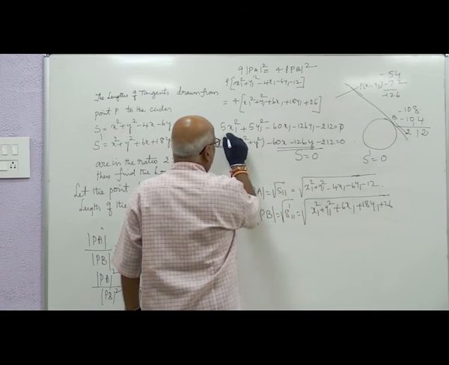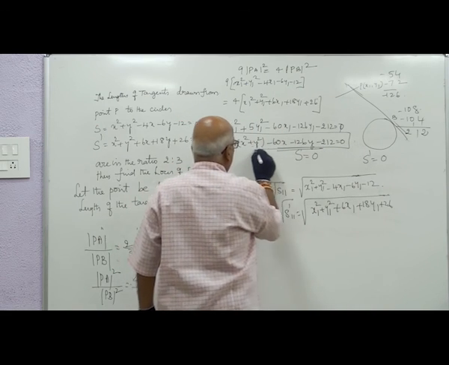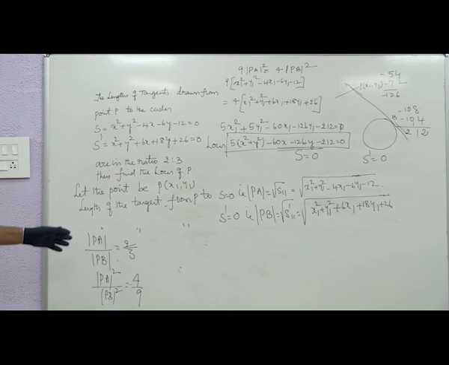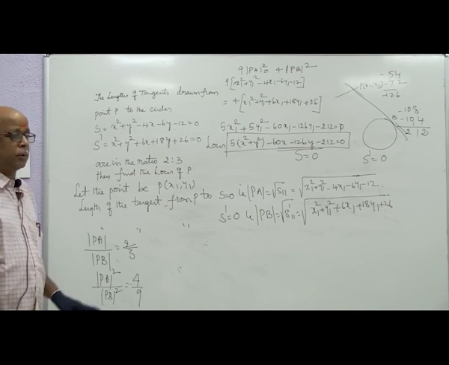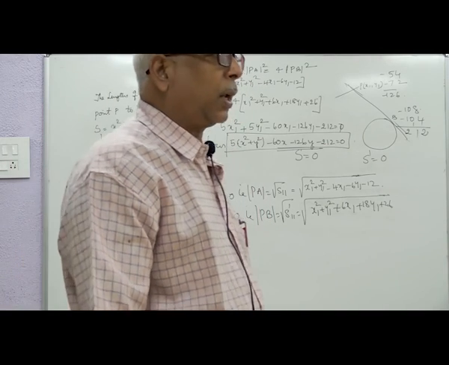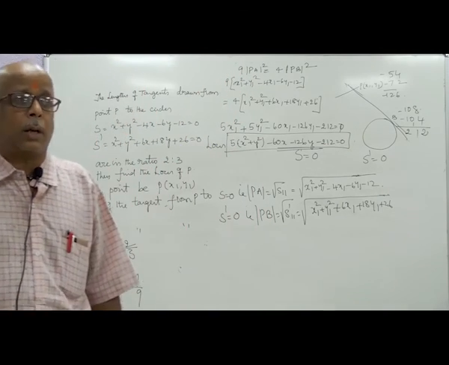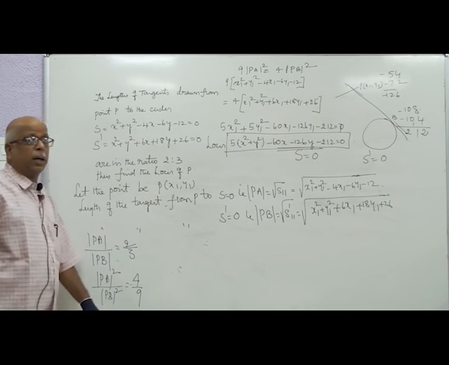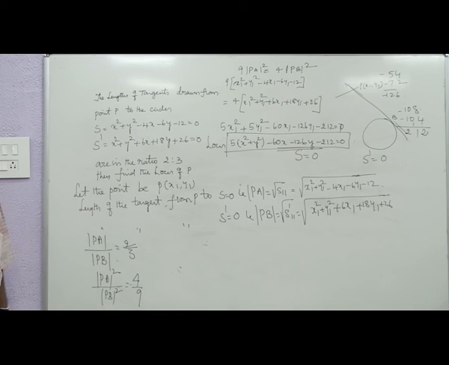This is the locus subject to the given condition which was mentioned in our present problem. This is among essay type questions. This is a very important question, particularly from our examination point of view. What we have done here? Two circles were given, one point.